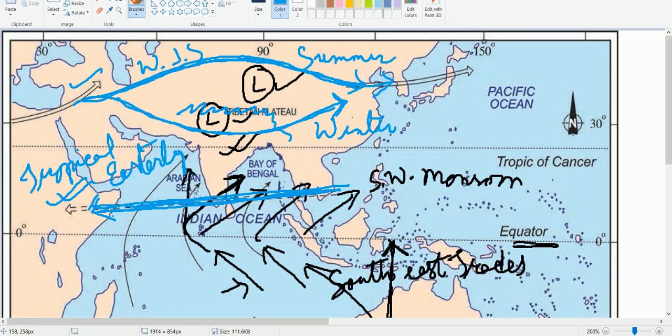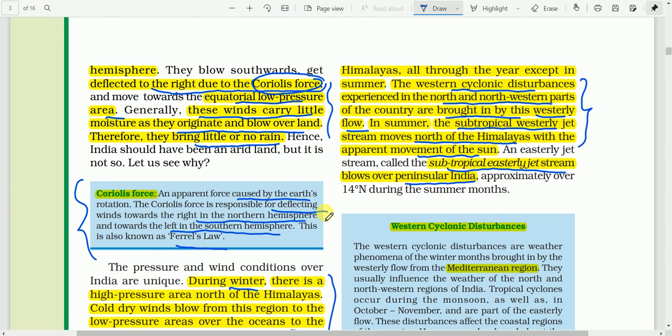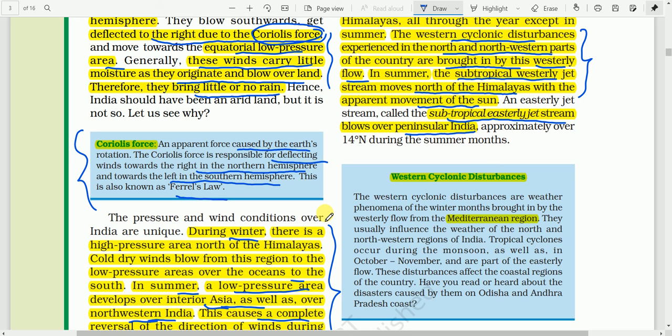Remember, the westerly jet stream blows south of the Himalaya in the winter season, but in the summer season it is blowing north of the Himalayan mountain, and over the Indian subcontinent, that is in the peninsular plateau, an easterly jet stream is blowing in the summer season. Are you clear, boys and girls? Yes, sir.